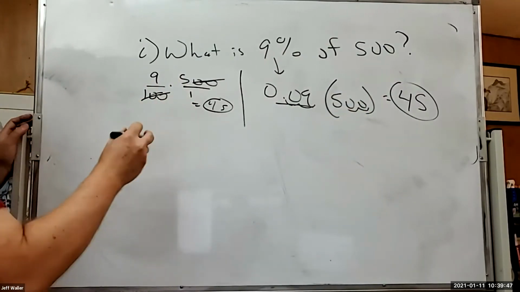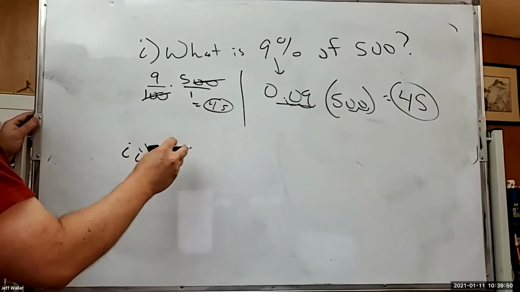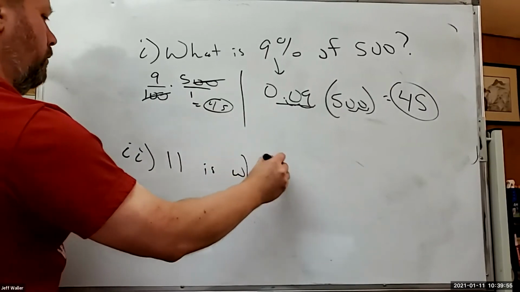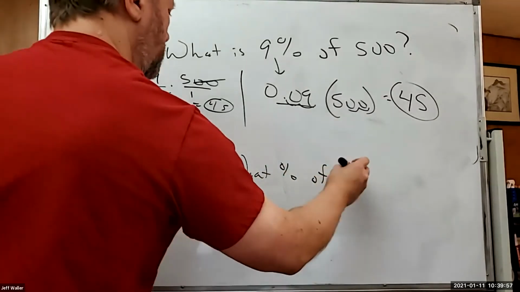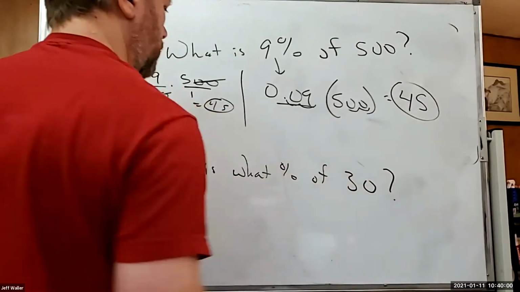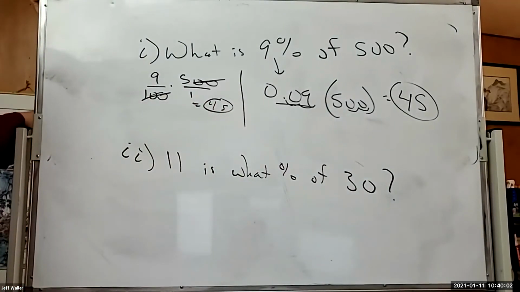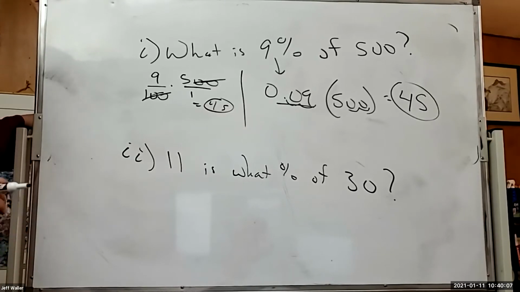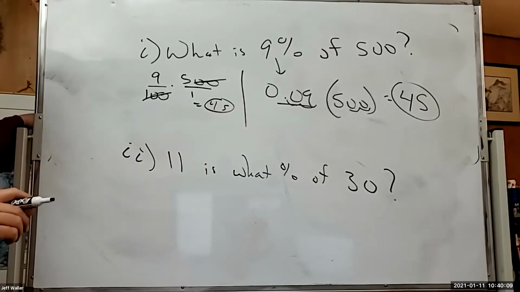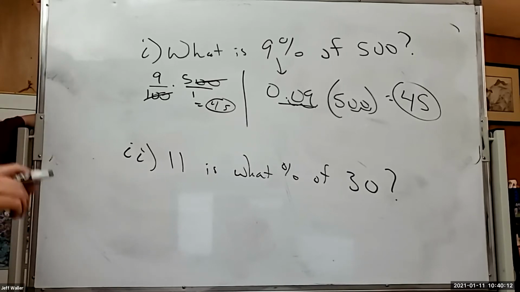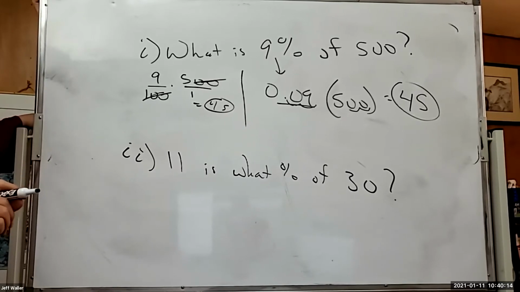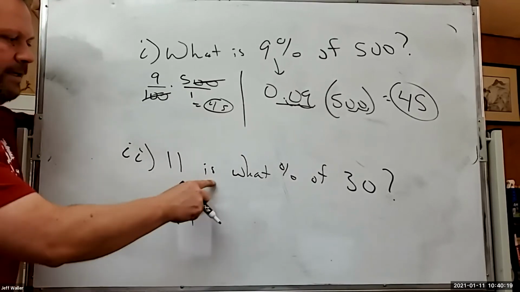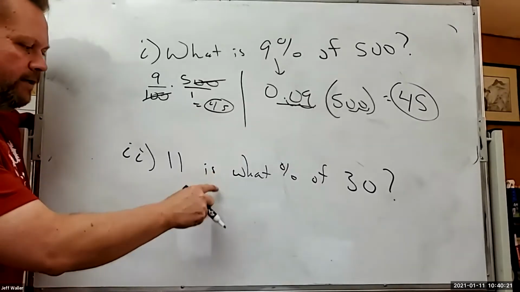All right. So what about this? This is a little bit different. 11 is what percent of 30? There are many different ways to do this. Some of them are remarkably silly. Here's the most direct way to do this. 11 is, what is that mathematically?